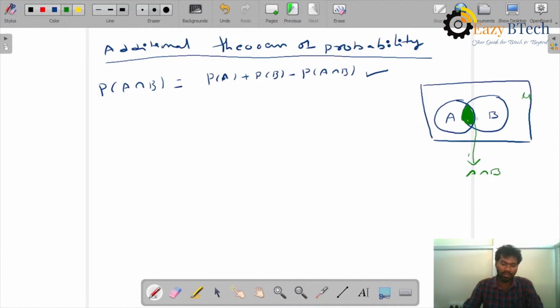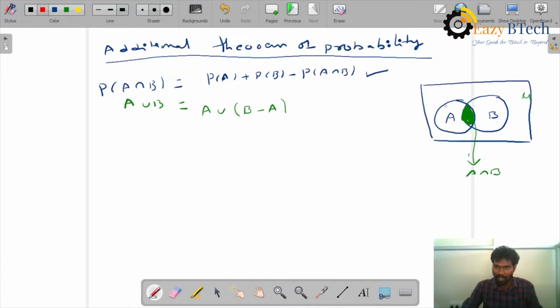So if you see here we can write like this. From the figure you can see A union B can be written like this. A union B is equal to A union of B minus A. That means see here how I wrote it.